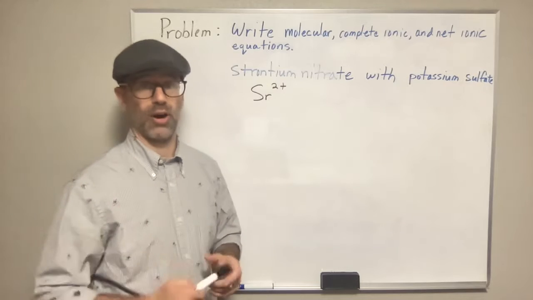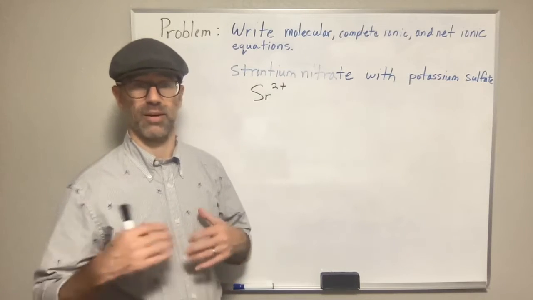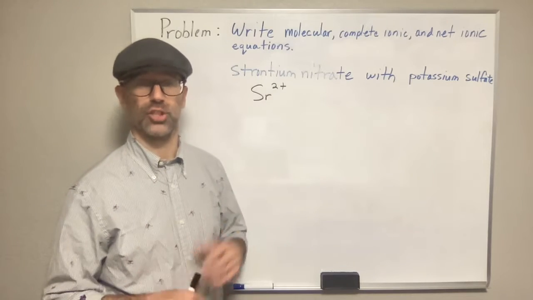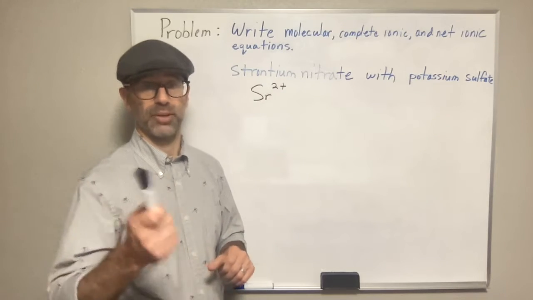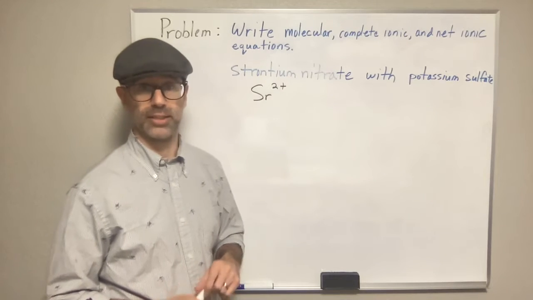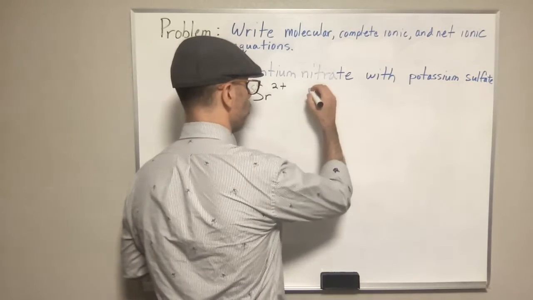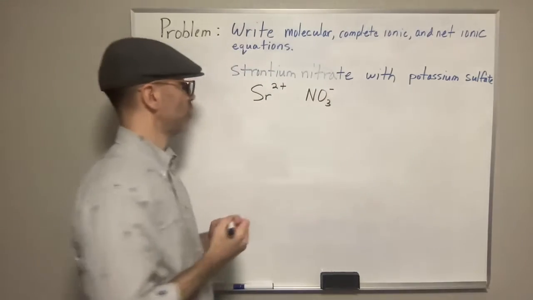I have a video on naming polyatomic ions and noticing the patterns that will help you remember what the charges and the formulas are. If you need help with that, please see my video on polyatomic ions. So nitrate is NO3, and it has a -1 charge.